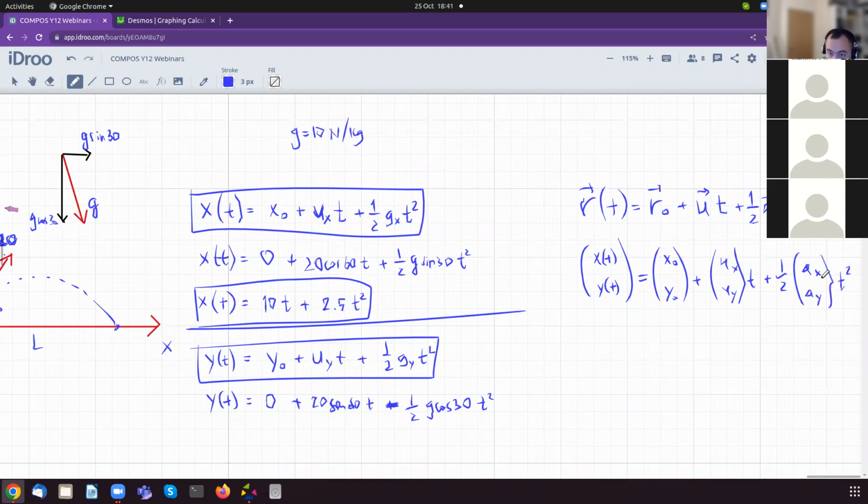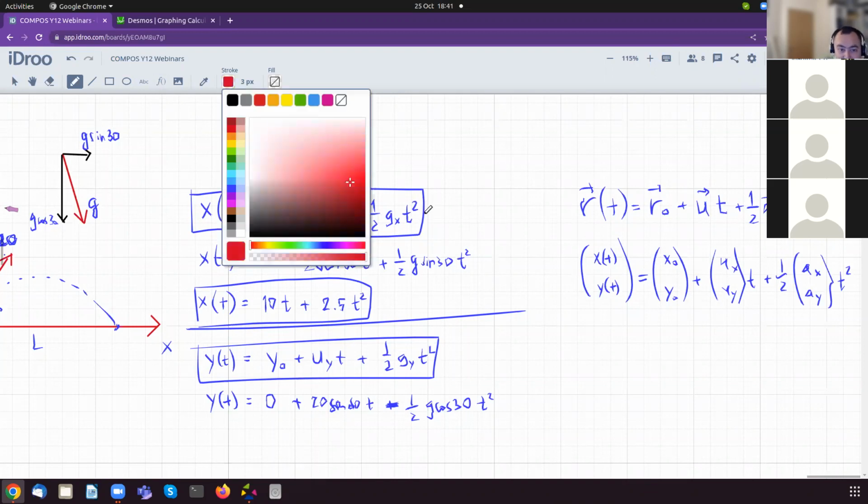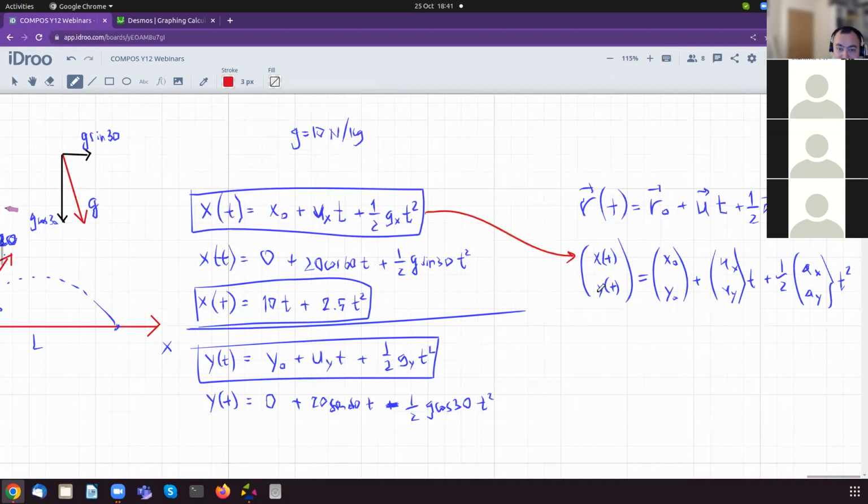The top line of this is this, and the bottom line of this is this. So it's two equations of motion.